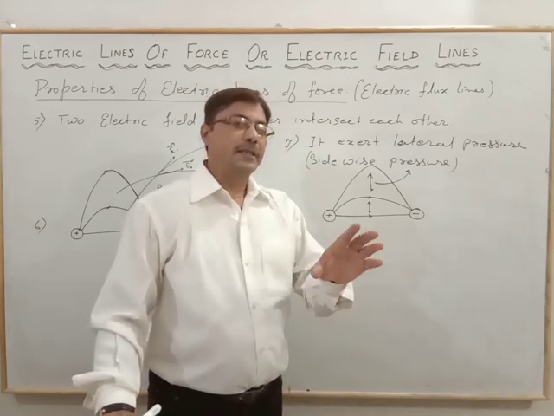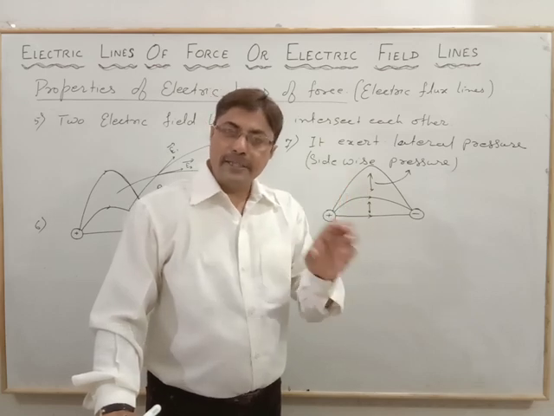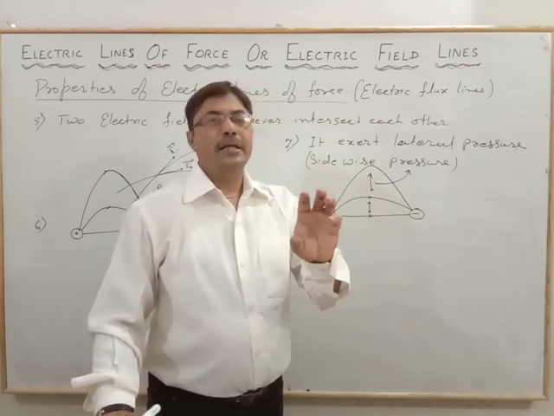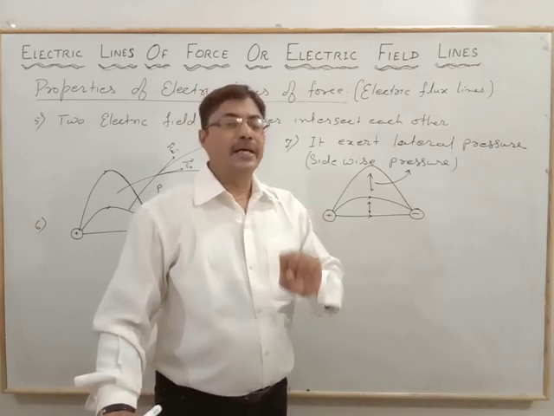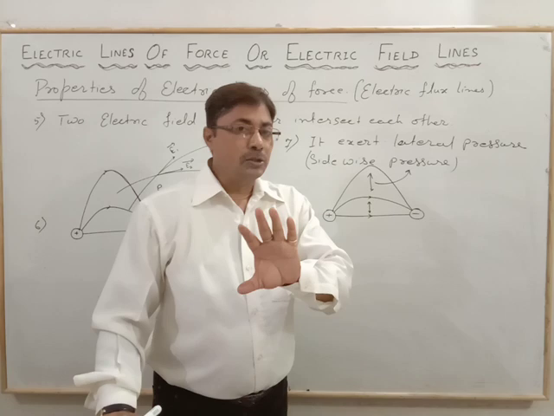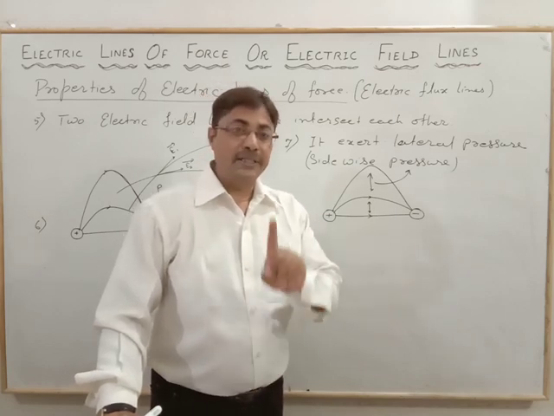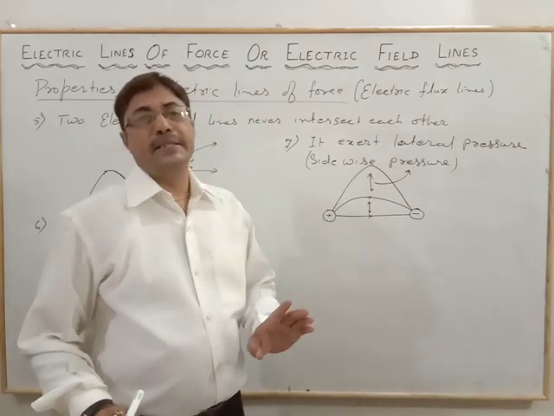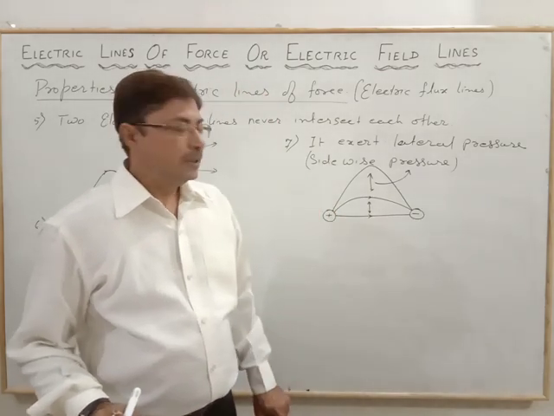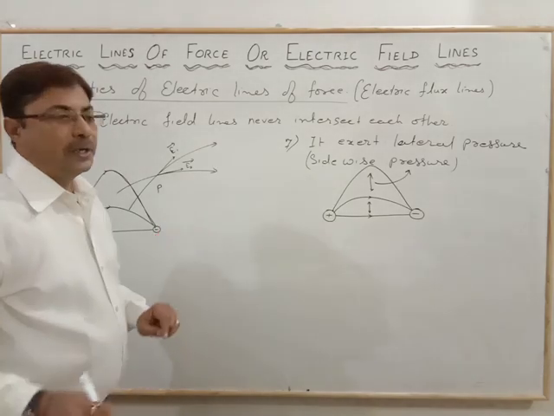They always contract longitudinally and exert pressure sidewise, that is the lateral pressure. There are no field lines in a conductor, but in case of an insulator they have field lines. So these are the properties.